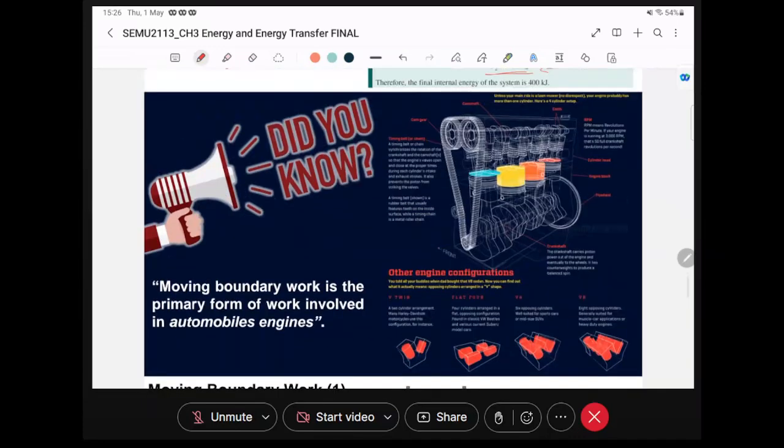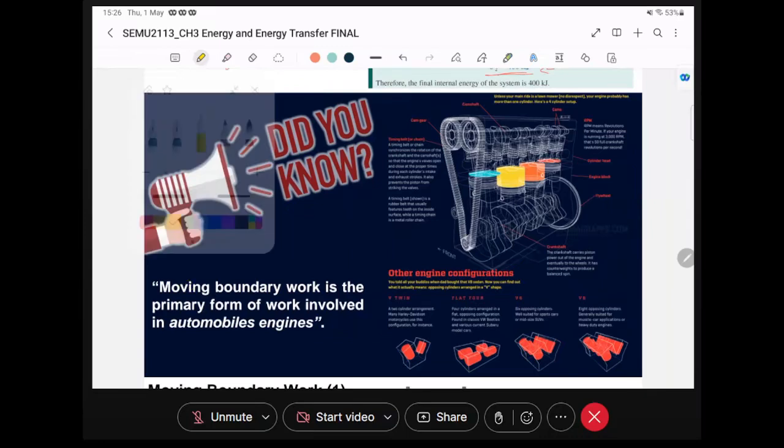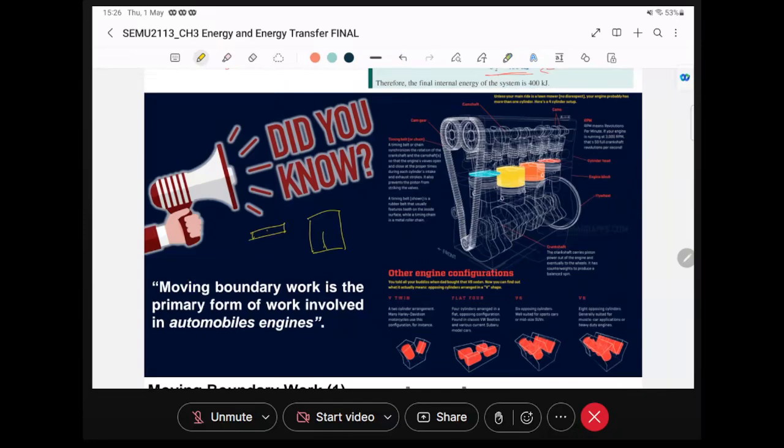Okay, so one example of moving boundary work is the engine in our car, because that's basically a piston. As the pressure in the cylinder expands, it pushes the piston moving. So the boundary is moving, the piston going from a small volume into a big volume.